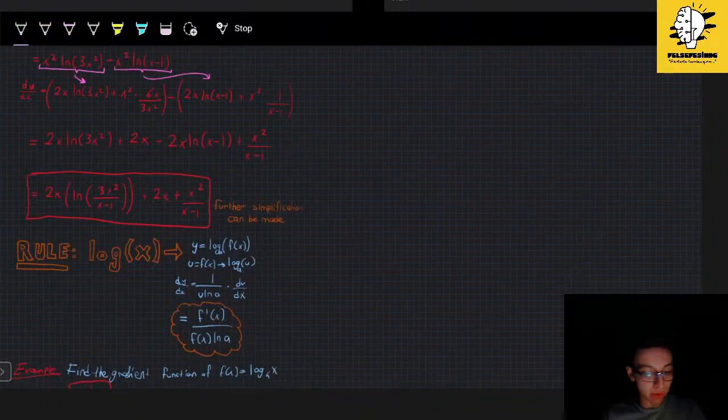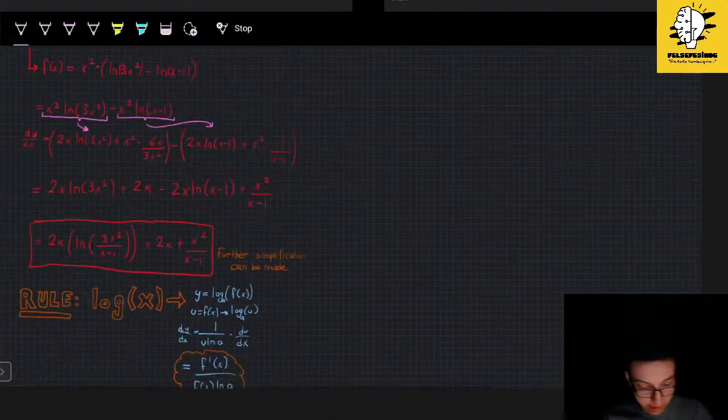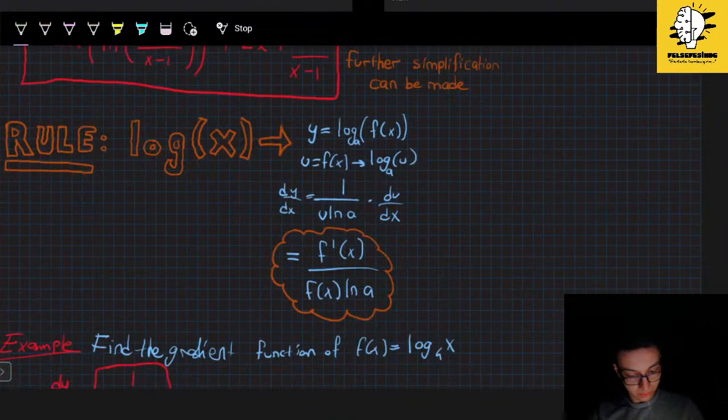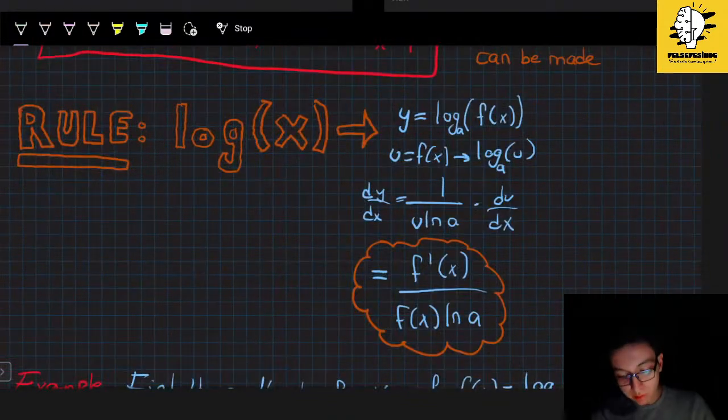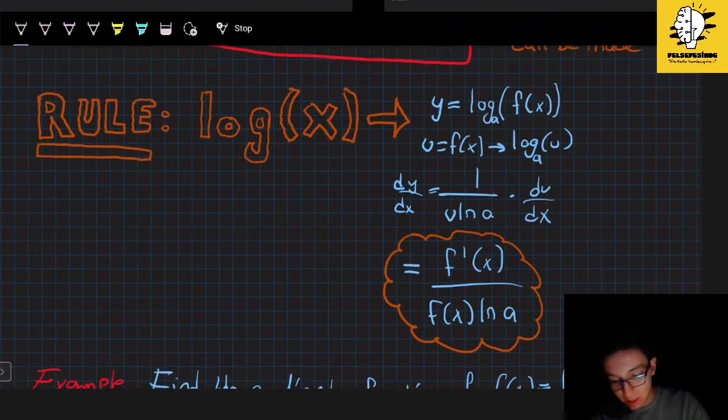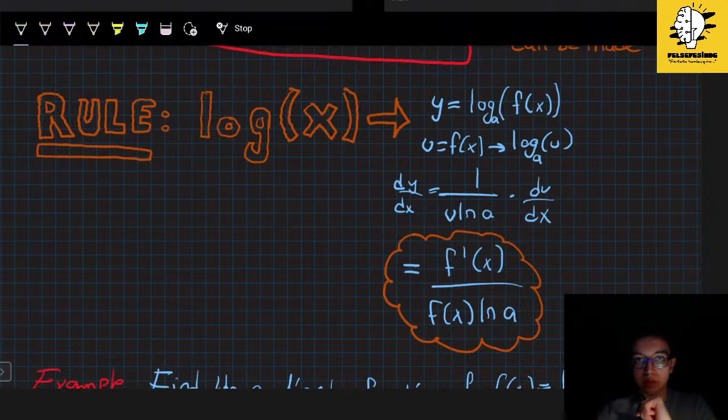Nice. So the second logarithmic function is directly log x. And here is my rule. I said if I have log x with the base a, let's say y is equal to log base a of f(x). Again, u substitution. Let's substitute it. For u, let's say f(x), and then it will be log base a of u.